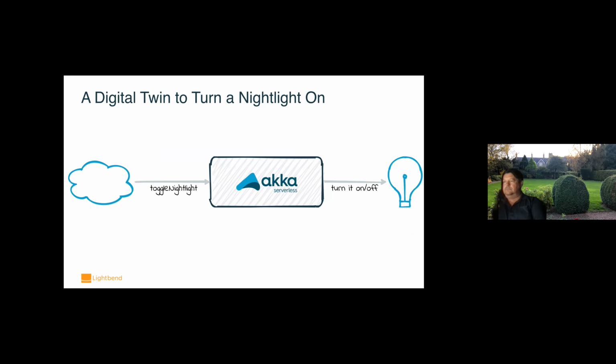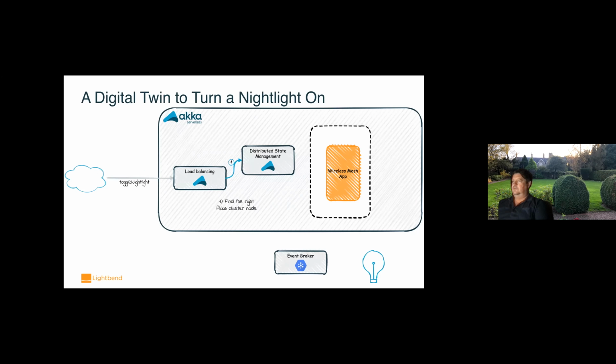So what we'll do is we just toggle Nightlight, goes into the Akka Serverless world, and it turns it on or off. So what happens under the covers? Under the covers, that call is made, and we're leaning really heavily on Akka, and Akka has clustered capability, and different things are sharded across the cluster uniformly. In this case, my customer locations have an arbitrary UUID, and any given customer location, like the digital twin of my home, is living somewhere in that cluster.